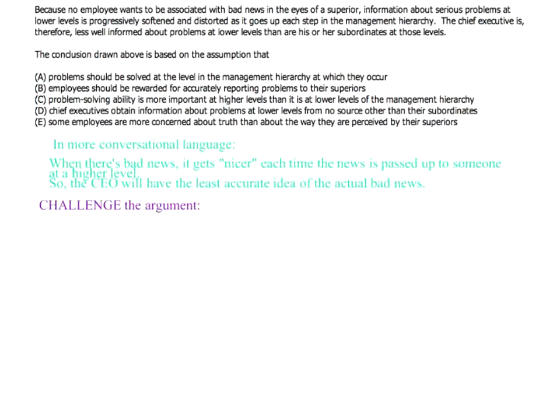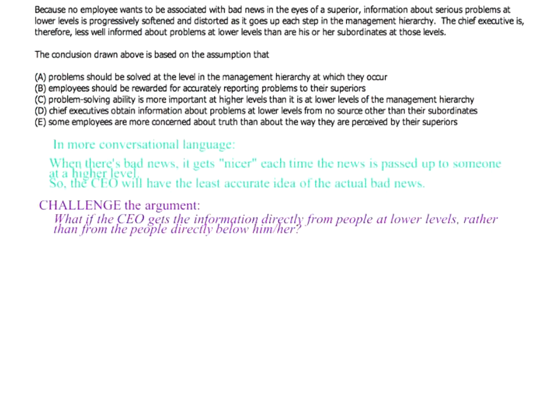This argument relies on the idea that the CEO has to get the information through a chain of people. So one way that you could challenge this argument is, what if the CEO gets the information directly from people at lower levels rather than from the people directly below him or her? Because that's a challenge to the argument.